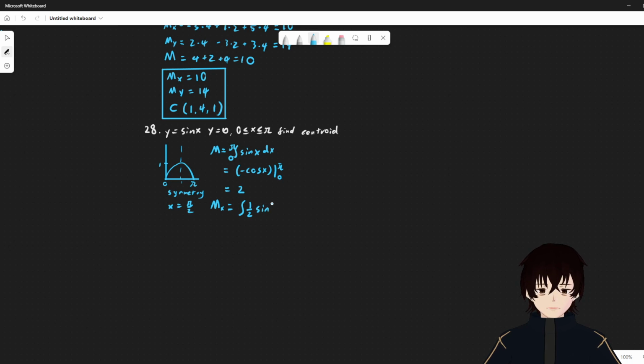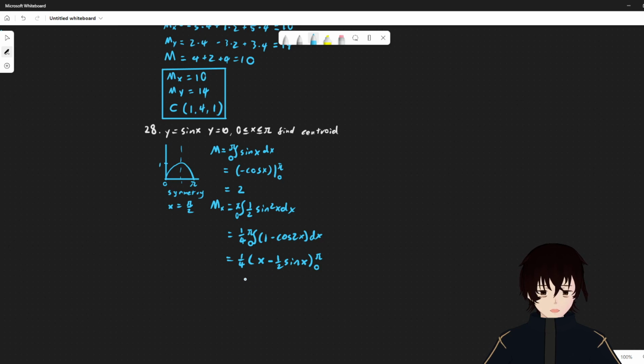So 1/2 sine squared x dx from 0 to pi, which is going to be 1/4 integral from 0 to pi of 1 minus cosine of 2x, which is equal to 1/4 times x minus 1/2 sine of x from 0 to pi.